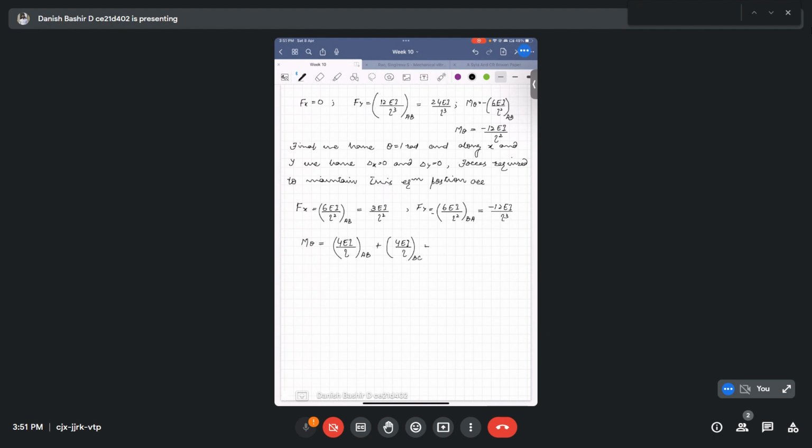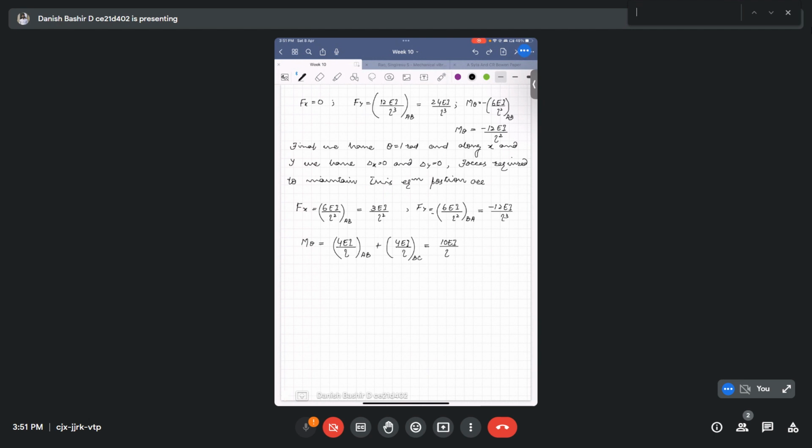When we substitute the corresponding quantities, we will have 10 EI by L. You have to do this calculation yourself by substituting I to be 2I in the AB case and L to be 2L in the BC case, 10 EI by L. So we have all the required quantities.